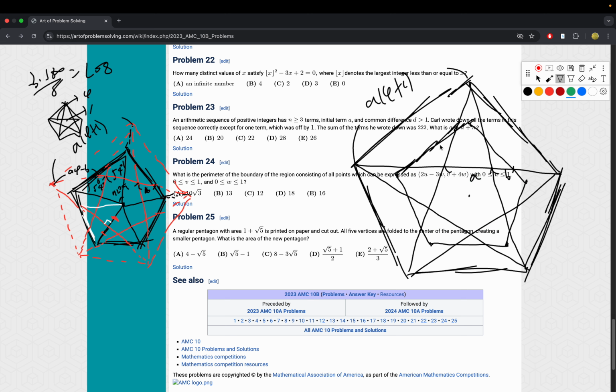No, but we need to use the fact that we can get this by folding it. So, we actually need to use the fact that these lengths are equal to each other. How should we use that?